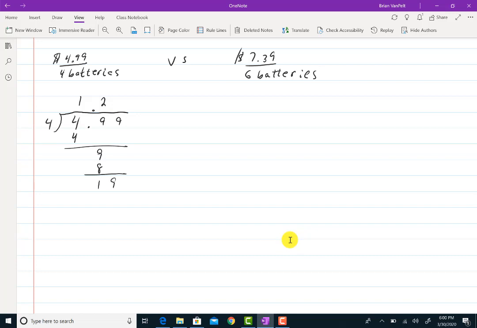Bring down another 9. 4 goes into 19 4 times. I bring down, if I want to go one more decimal place, and I do, I'll bring down a 0. So for this one, underneath of it is where I'm going to put it. I have $1.25 per battery.